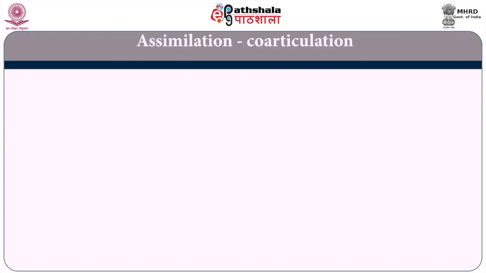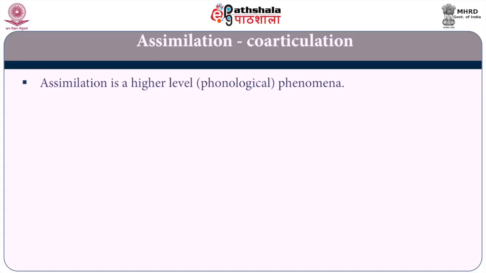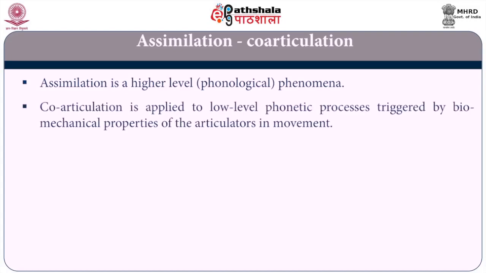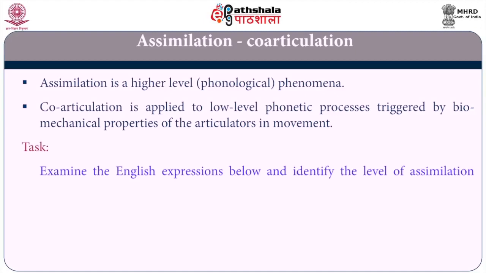Alright. So, in other words, you have to learn a little bit about the difference between assimilation and coarticulation. I have also said there is coarticulation. So, assimilation is a slightly higher level phenomenon. It is a phonological phenomenon. Coarticulation is a more mechanical, biomechanical, lower level process. So, in order to understand this, in your module, I have given a task for you. I worked out one example. I said, when you say in peace, we don't say it like that, in peace.